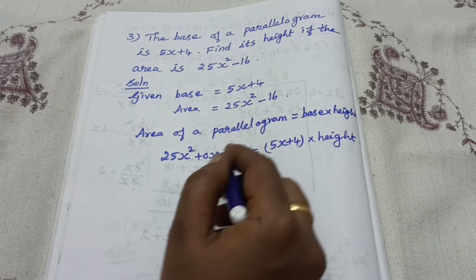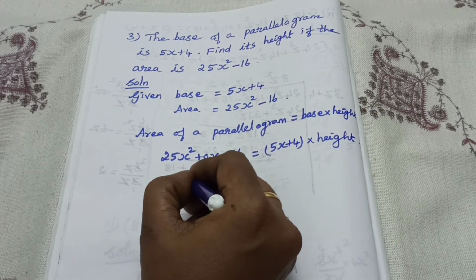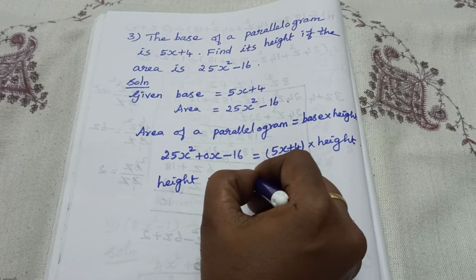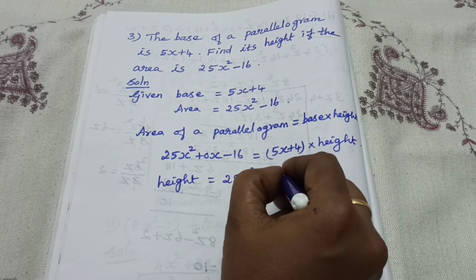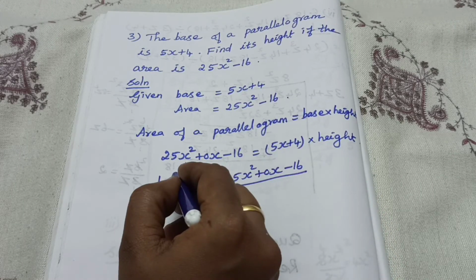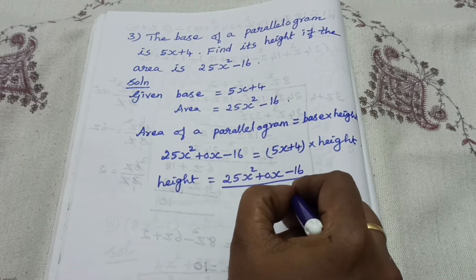Then therefore height is equal to, how can we write? Height is equal to this area 25x square plus 0x minus 16 divided by, this term we have to bring down, divided by 5x plus 4.